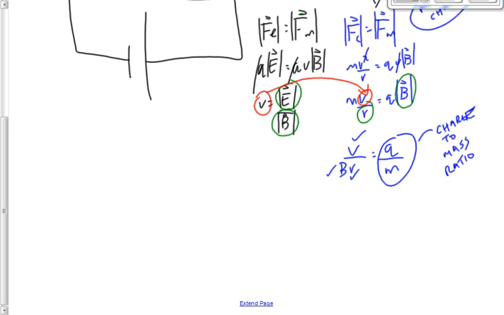Now, the charge to mass ratio for an electron, or for these cathode rays, these mysterious negatively charged cathode rays, worked out to be, I believe it was, don't quote me on this number, we'll check it a little bit later on, I believe it was 1.76 times 10 to the 11 coulombs per kilogram.